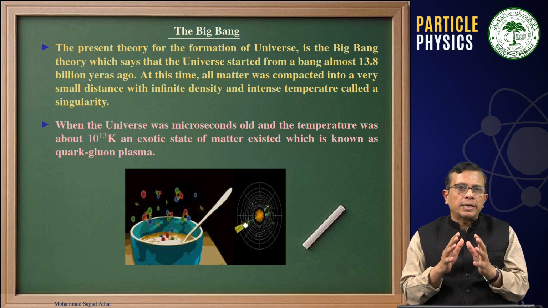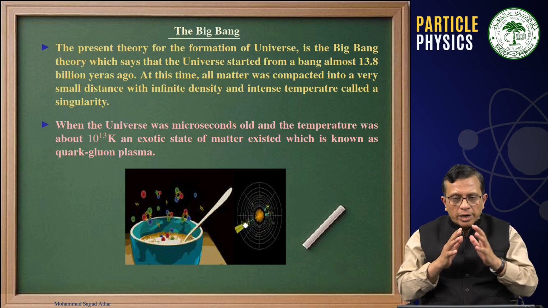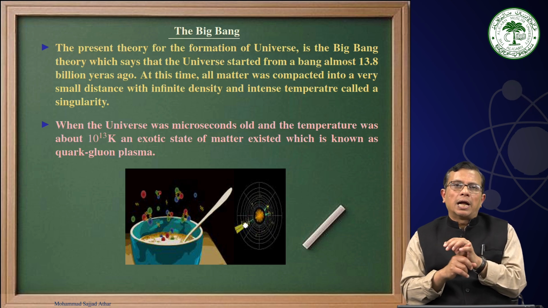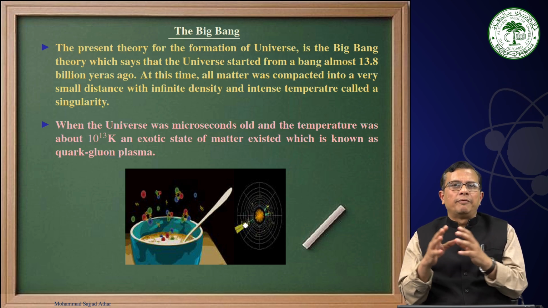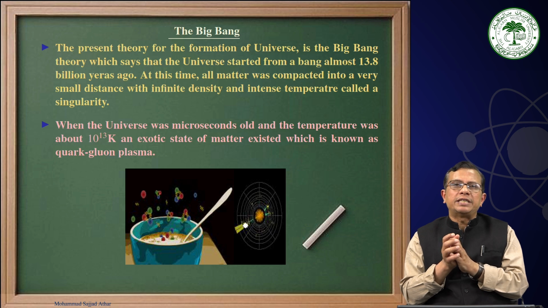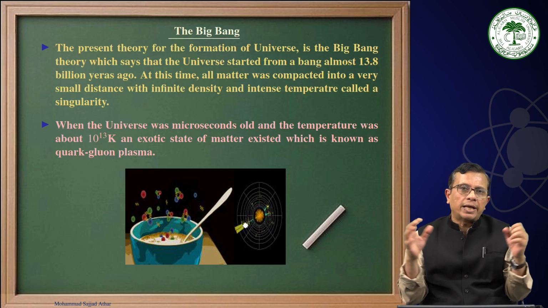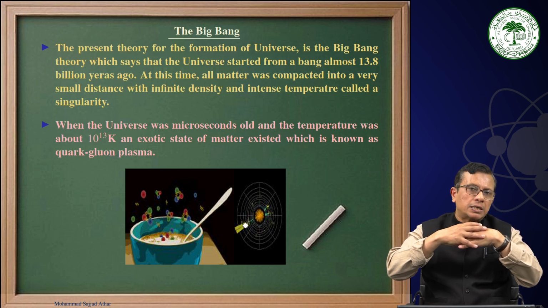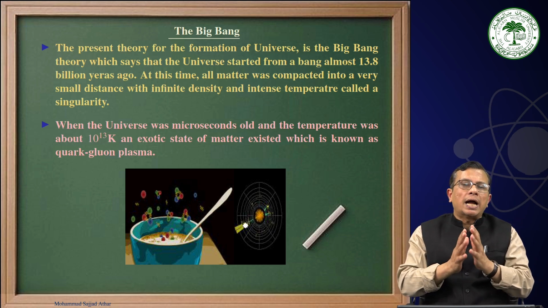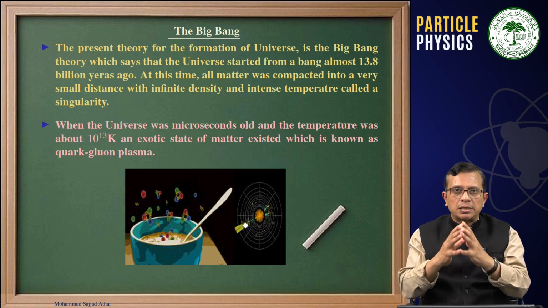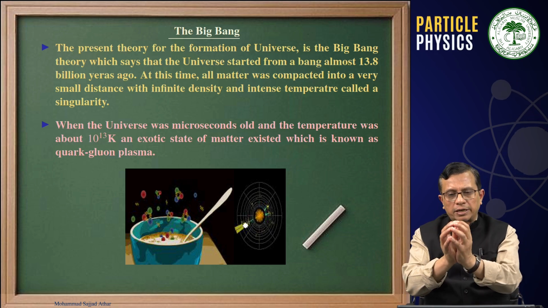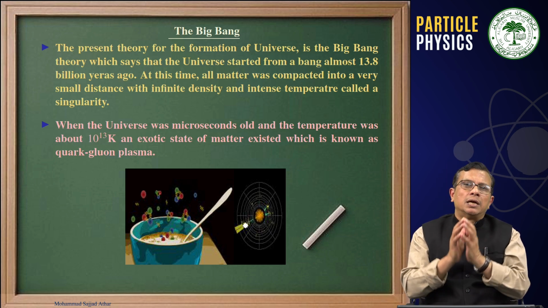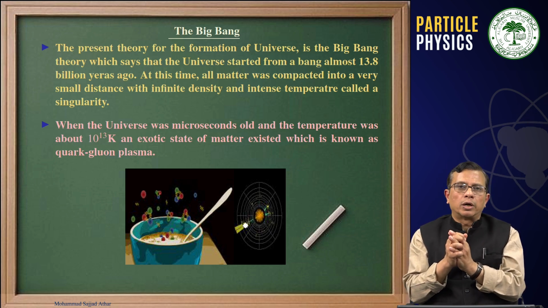Then the important point is that if we are going to mimic the Big Bang, this cannot be achieved in one fine morning. Therefore, in this experiment, where we have the collision of 7 TeV protons or ions, we are creating an environment which is a microsecond old, and that means the temperature in that environment is about 10 power 13 degrees Kelvin, and that is the state we call quark gluon plasma.